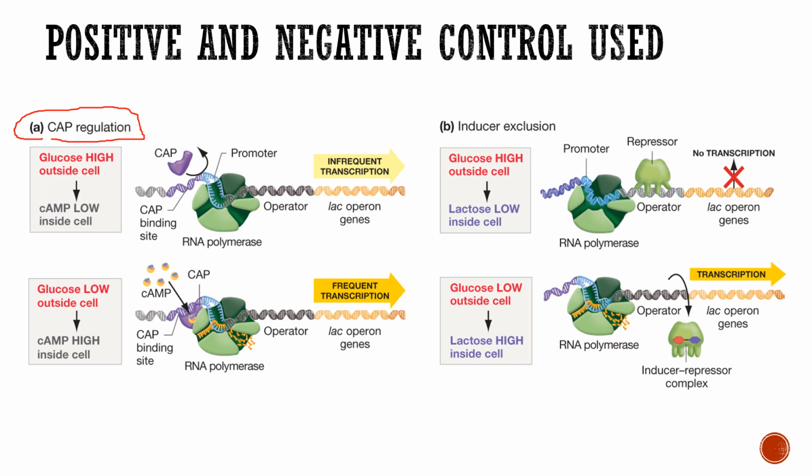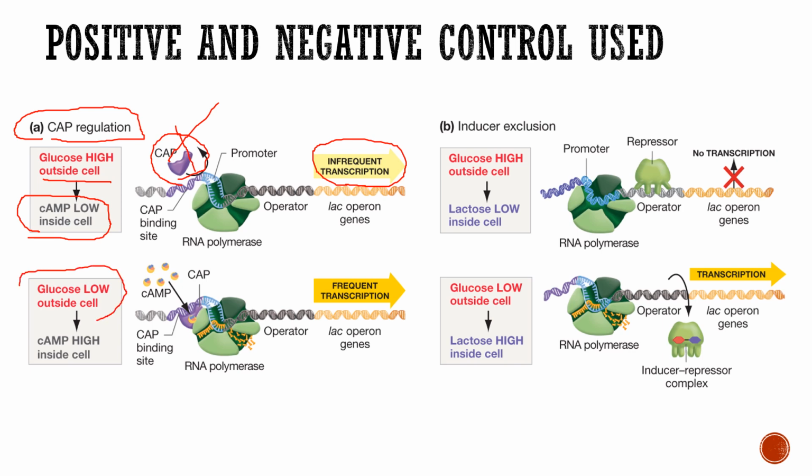So if glucose is high outside of the cell, then cyclic AMP is going to be low inside. That's going to prevent this CAP protein from attaching and activating the operon. So transcription is going to be infrequent because there's not that positive activation of the operon.